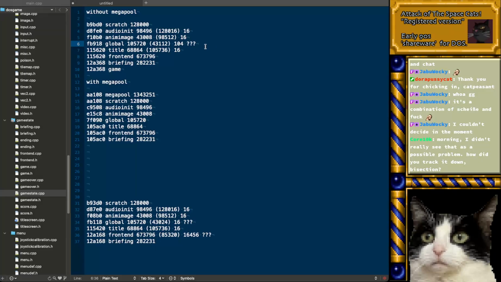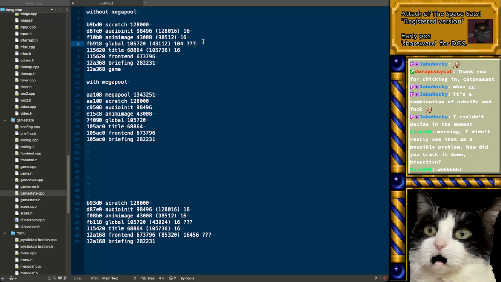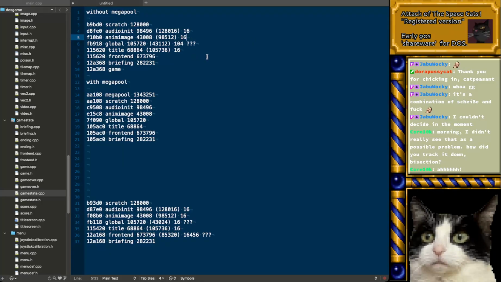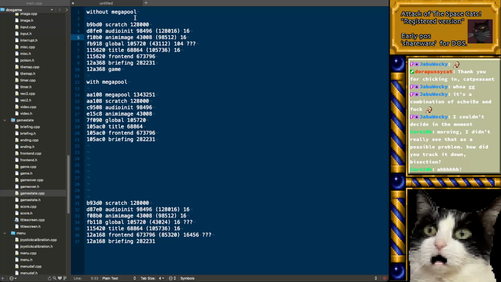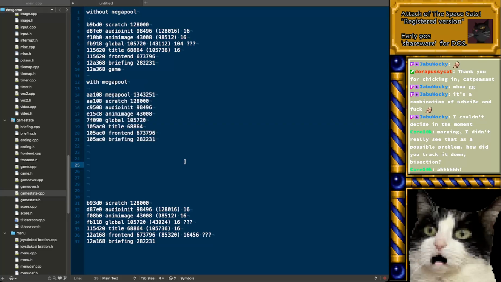So, I don't know where I found it out from, but it did. And sure enough, at that point in the code, that was when I was installing the keyboard and the timer interrupt handlers. And I thought, well, I could install those right at startup. And of course, with the Megapool version, I was allocating the Megapool before I allocated either of those interrupt handlers.